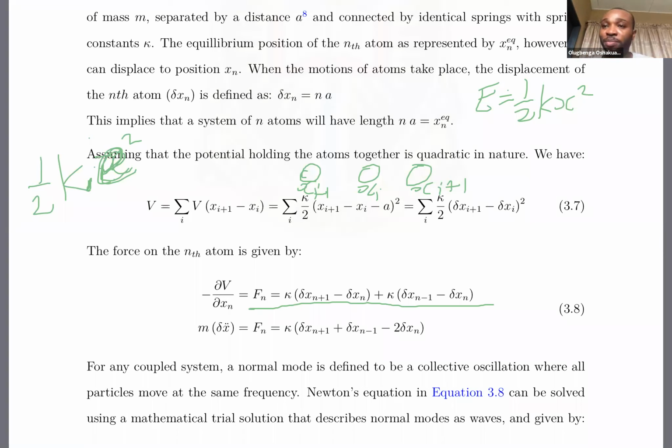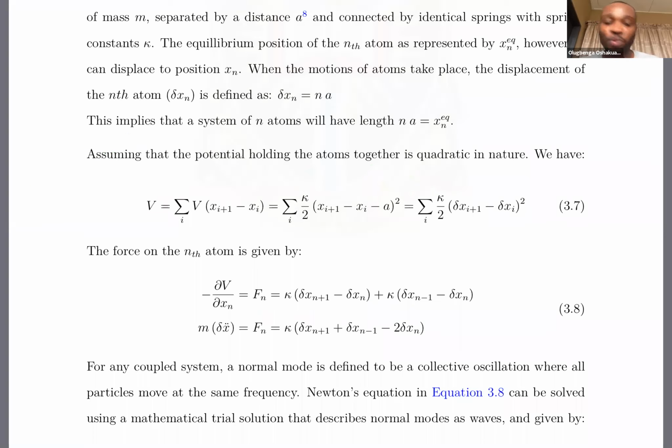So when we, okay, let me try to wipe this off. So I would think about an atom. We said it's at position xi, and it displaces to the left.